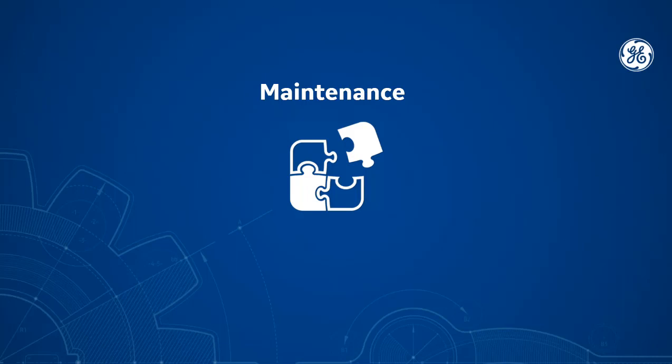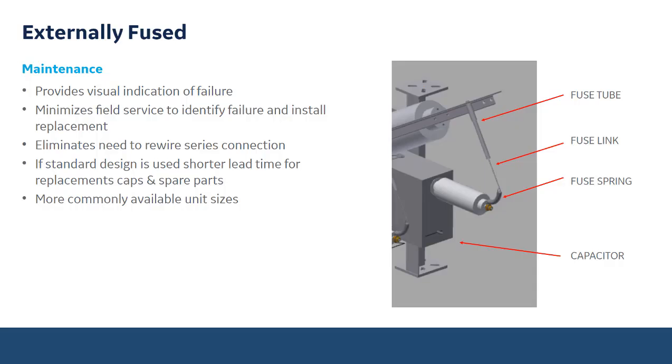And now we can go through some of the typical maintenance involved for these banks. For an externally fused, because you have the fuse tube, the fuse link, and fuse spring, outside of the capacitor, it's a first visual indicator of a potential issue.